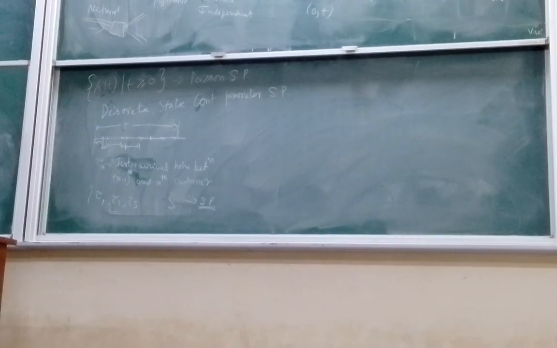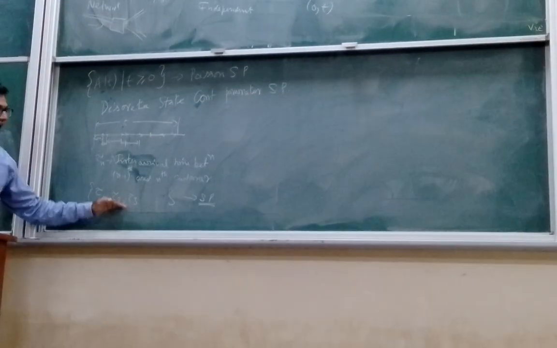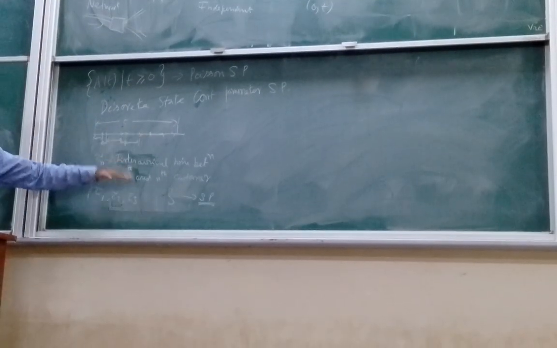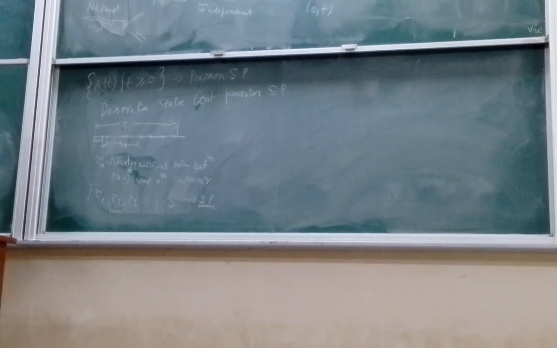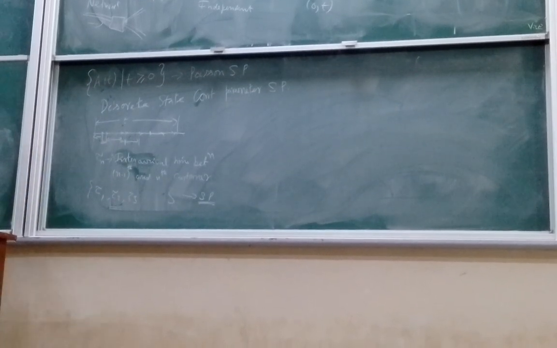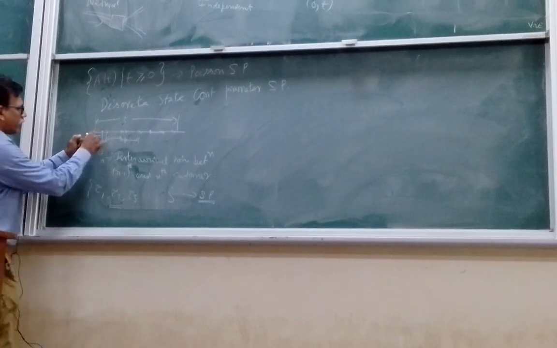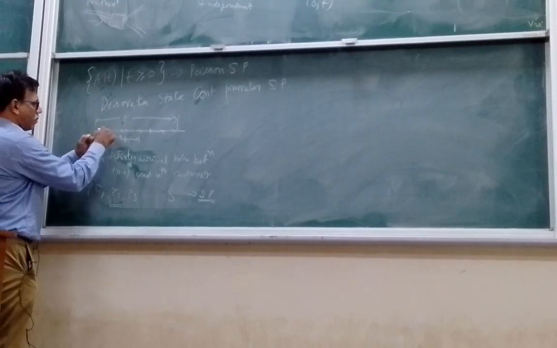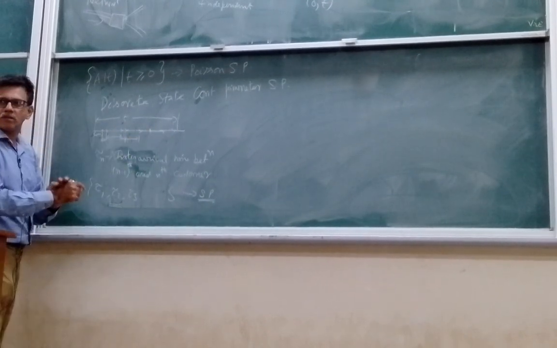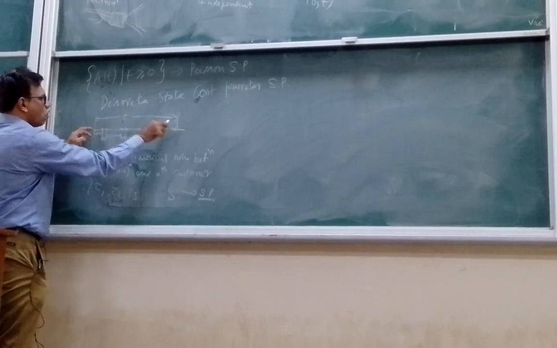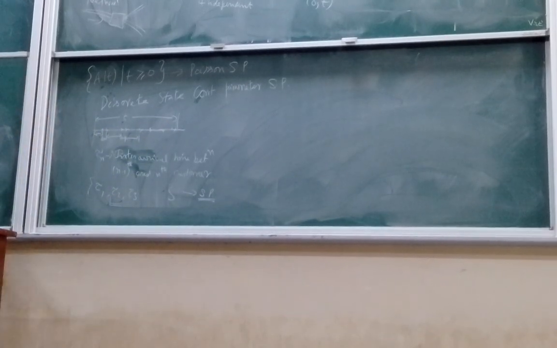If I know this, I can construct A of t. Starting at time 0, after tau 1 I put a point, after tau 2 I put a point and so on. I know all these points, so if you ask at any given time, I will count and give you A of t. So there are two ways of specifying a process.